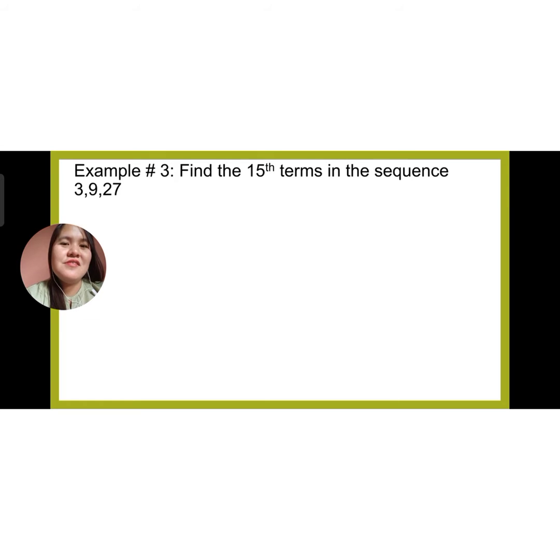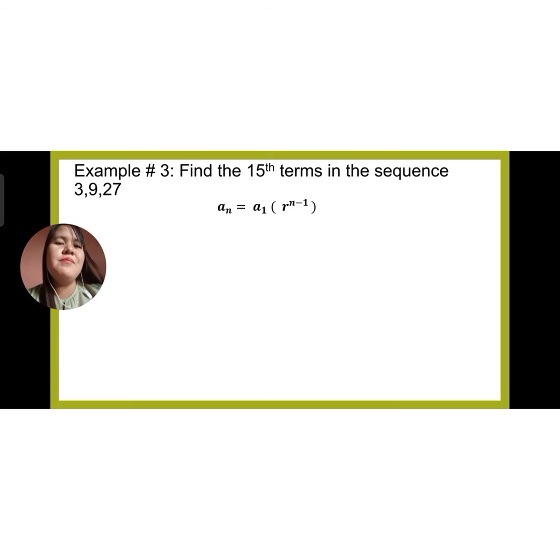Katulad kay arithmetic sequence, meron tayong formula para kay geometric sequence na ating gagamitin, lalong-lalo na kung ang pinahanap ay medyo malayo na. Halimbawa, yung mga ika-65th term, ika-70th terms. So, dito sa ating problem, ang pinahahanap ay ika-15 term lamang. So, ang ating formulang gagamitin ay a sub n equals a sub 1 times the quantity of r raised to n minus 1.